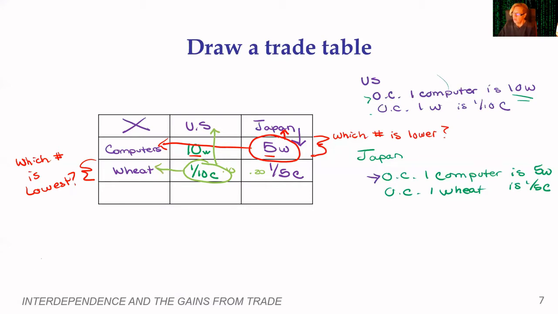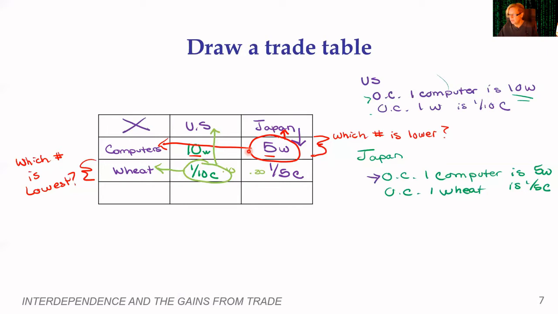Now, what have we just done? Essentially, what we've done is to determine the comparative advantage. So the comparative advantage, if I follow Japan's roadmap, if you will, if I follow Japan down here, Japan is going to produce computers because Japan has a comparative advantage in computers.